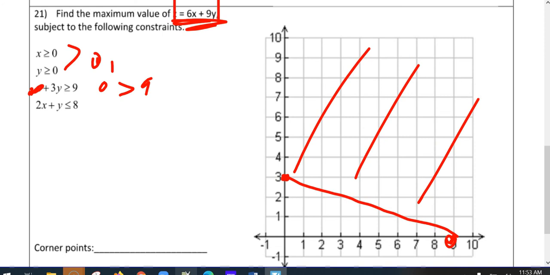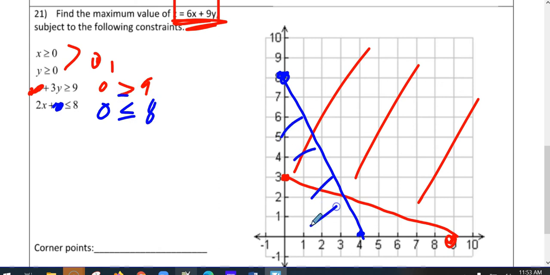Colors. Cover up the x, y is 8. Y equal to 8. True statement. Here. Overlapping area.